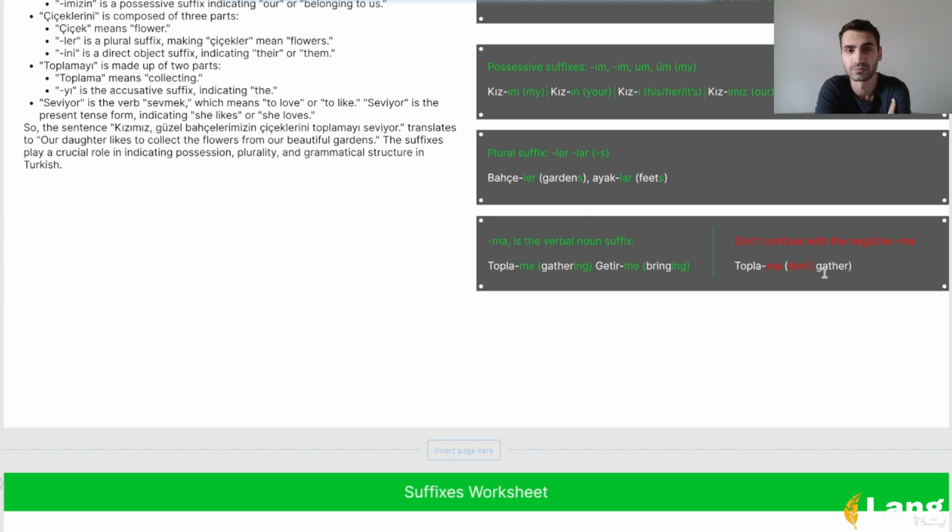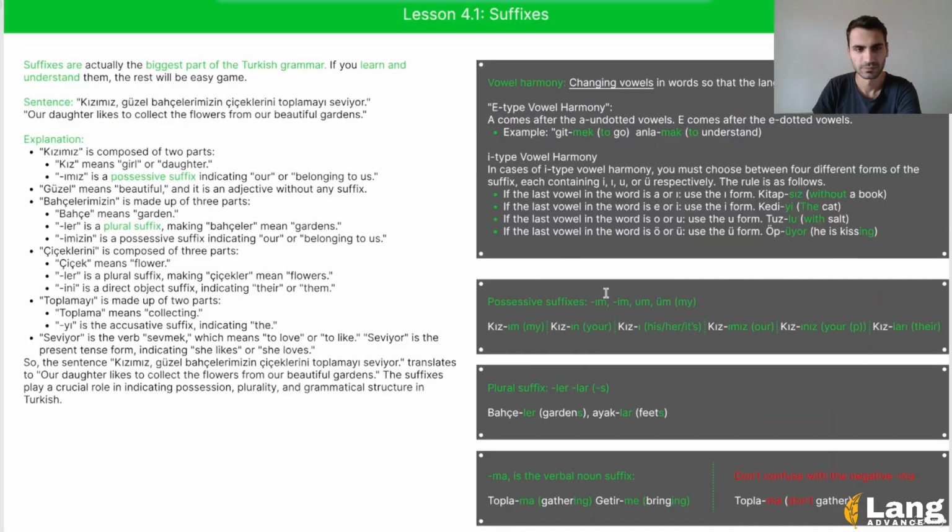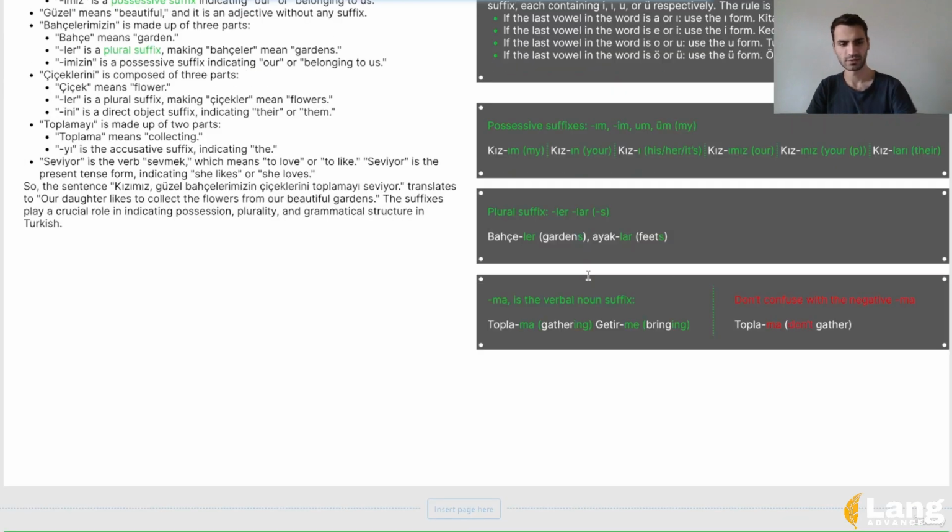Toplamayı çok seviyorum. If I say like that, toplamayı çok seviyorum, I like to gather so much. So it is understandable. So you should just practice now. Do the worksheets and use the Telegram channel to practice even further and ask questions. Yep. That's it. See you in the next one.